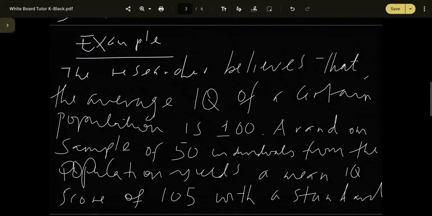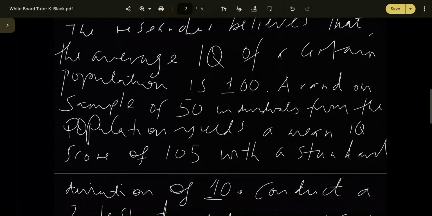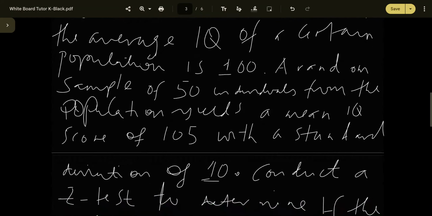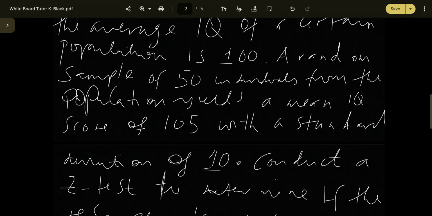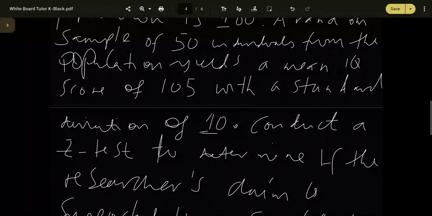What is the question saying? Conduct a z-test to determine if the researcher's claim is supported at a significance level of 0.01. So we are told a researcher believes the average IQ of a certain population is 100, and a random sample of 50 individuals yields a mean IQ score of 105 with a standard deviation of 10.